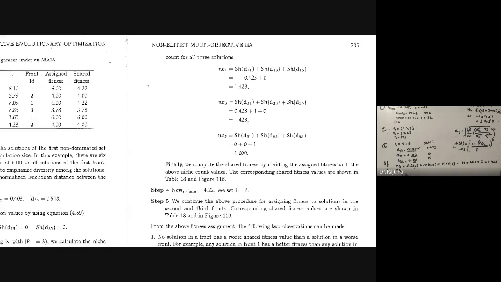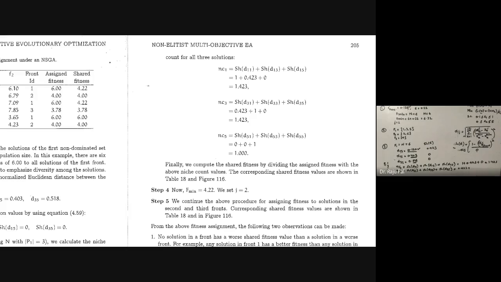The niche count for the third solution is the sharing function value from 3 to 1, meaning the distance between 3 and 1. Remember, distance between 1 to 3 and 3 to 1 is the same, but we can write it like this: 3 to 1, plus 3 to 3, plus 3 to 5. 3 to 1 and 1 to 3 are the same case.